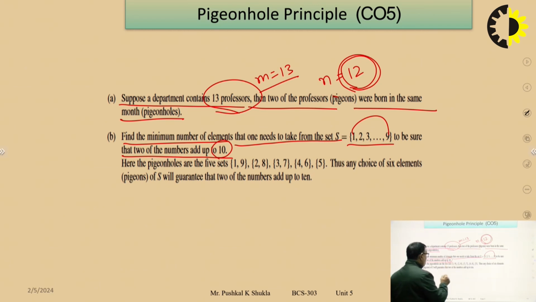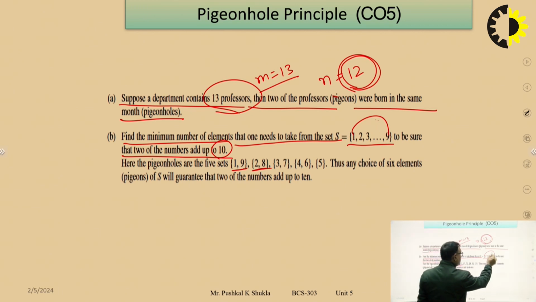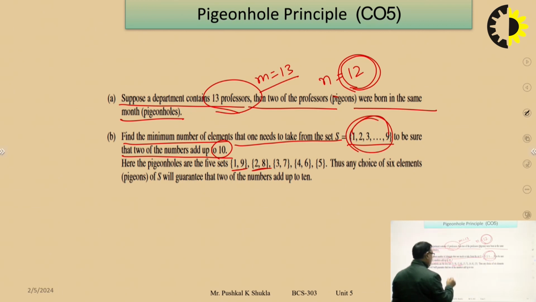So the pigeonholes are 1, 9 because the sum is 10, 2, 8, 3, 7, 4, 6 and 5, 5.